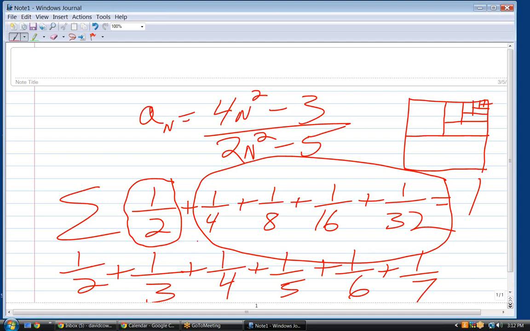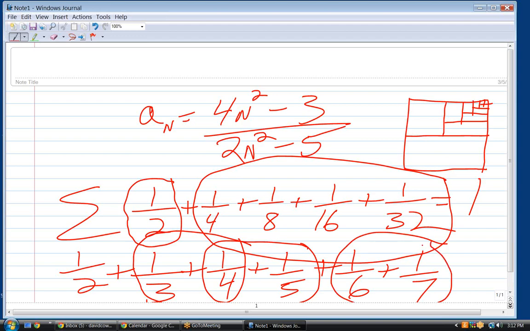If I take the second series, these two terms are greater than 1/2. These two terms are greater than 1/3. These two terms are greater than 1/5. So as I go to the right, I'm always adding something that's bigger than what I started with.